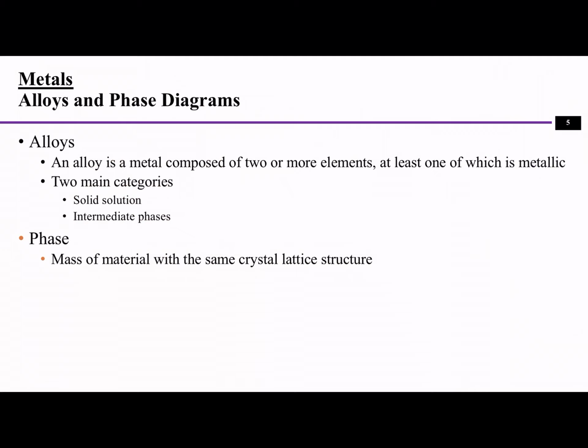All right, next let's look at alloys and phase diagrams. The definition of an alloy is a metal composed of two or more elements, at least one of which is metallic. Usually there are two different categories of alloys. One is a solid solution, and the other is intermediate phases. Later, we're going to talk about what they are. The definition of a phase is a mass of material with the same crystal lattice structure.